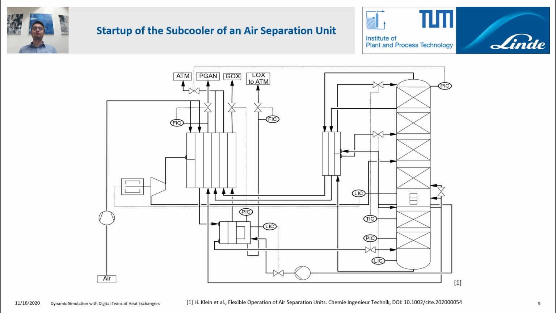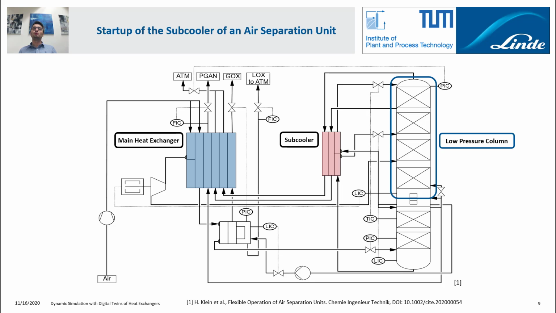In the second part of this talk, I will not focus on these tailored solution strategies in detail. I will rather focus on a case study which is an example of the application of the digital twin of heat exchangers. We will have a look at the startup of the subcooler of an air separation unit, short ASU. An air separation unit has the key components of the main heat exchanger and the subcooler.